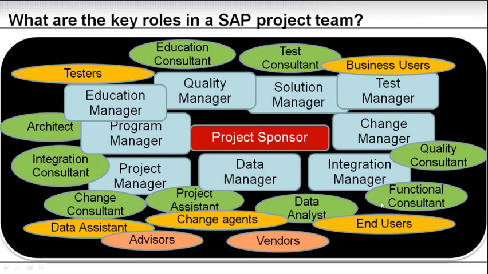But then you can also, in some projects, have external vendors delivering software services, depending on what the project is, and you might have external independent advisors that provide advice or review, compliance checks, whatever it might be.